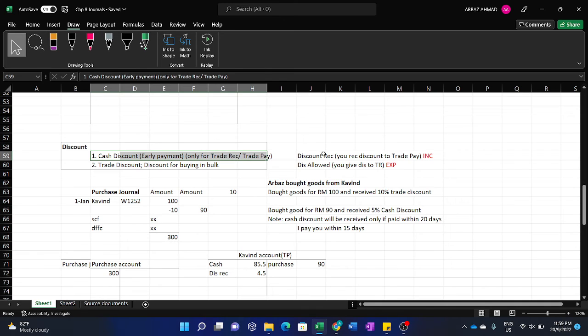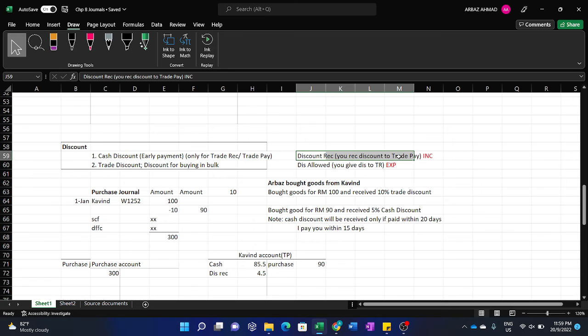Okay, so for discount received, you just need to remember it is from the trade payable, and it's an income because you are receiving the discount, and the trade payable, the supplier, will give you the discount. So he will say, if you pay me early, I will give you the discount. So for you, the discount he gave, let's say 5%, that 5% is income for you.